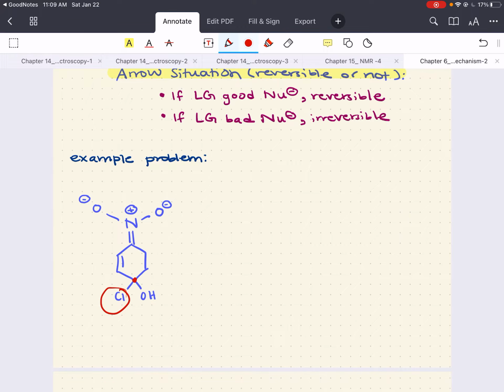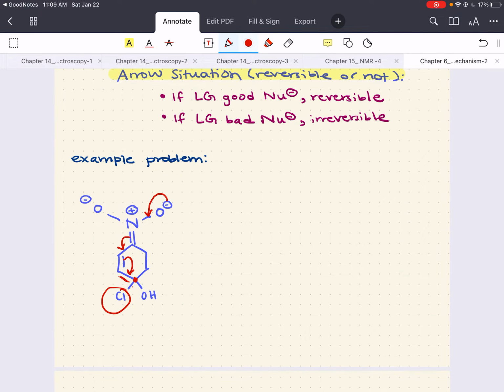So if we move the electrons from this oxygen here to form a double bond, and then move this double bond to form a double bond here, which will then move this double bond over here, this carbon is exceeding its octet rule and will have to kick off that chlorine group.